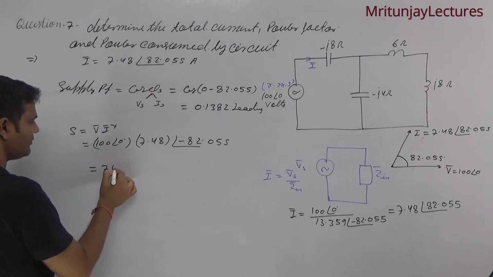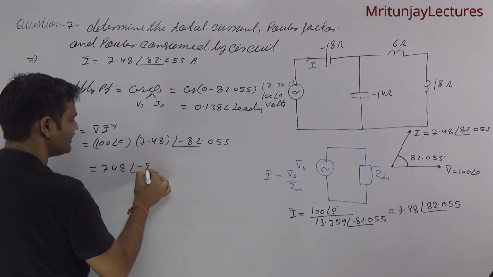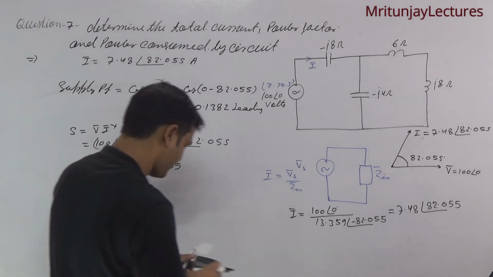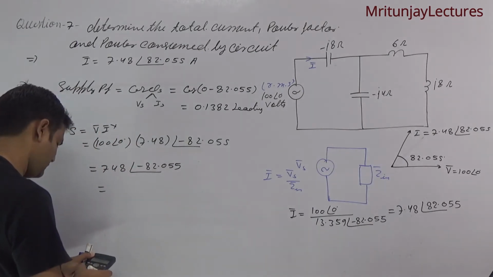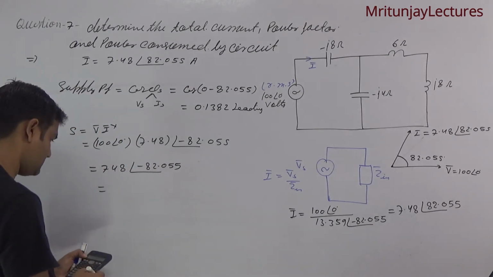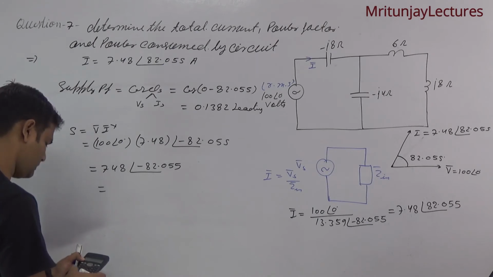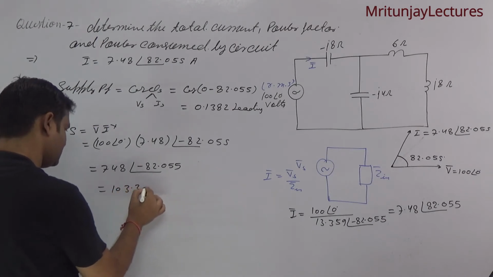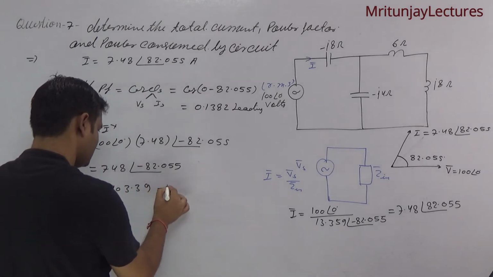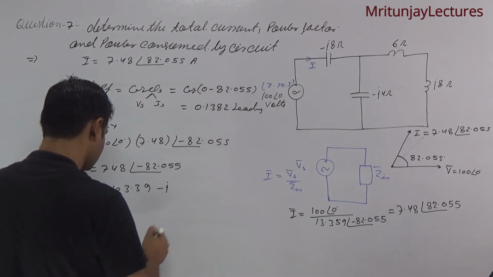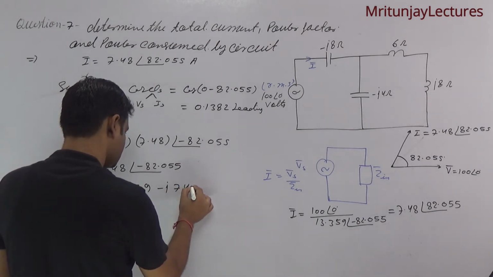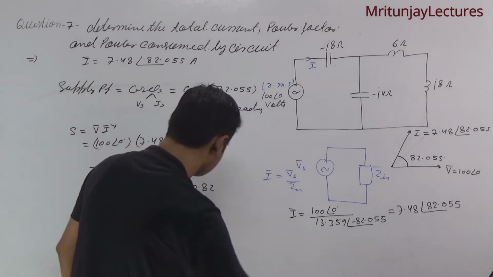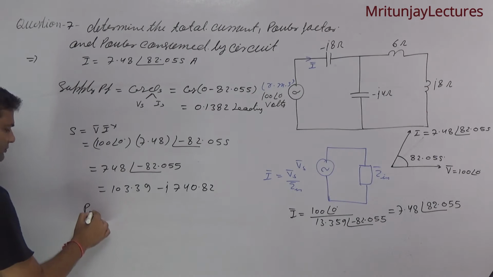Now that is 748 at the angle minus 82.055. It is written as 103.39 minus J 740.82.